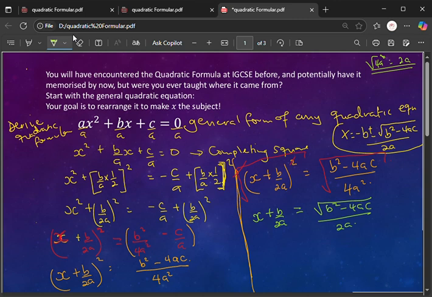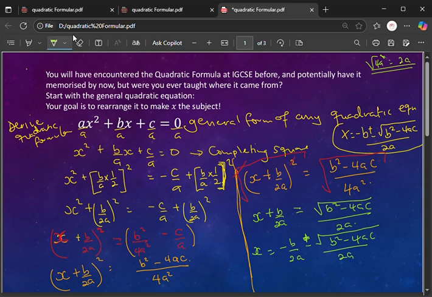Okay, so now we shall say x equals, if we take this b over 2a to the other side it will be negative. Okay, but because this is a square root, and remember I said the quadratic has two roots, two answers, two values of that unknown because of the power 2, we can introduce the plus or minus to represent the two values, and then we have root b squared minus 4ac all over 2a.